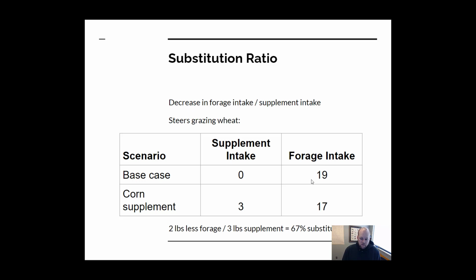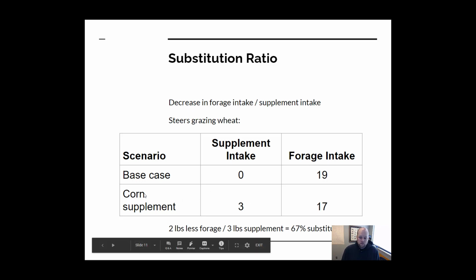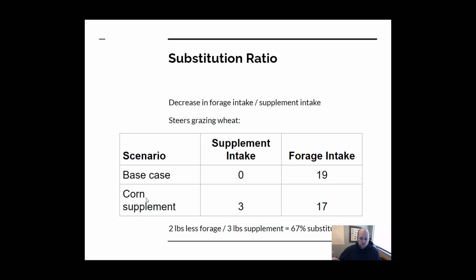If we implement supplementation with corn, let's say we feed 3 pounds of corn per head per day, then we might expect forage intake to go down to 17 pounds per day. So we fed 3 pounds of supplement, but they reduced their forage intake 2 pounds. If you calculate it out, 2 pounds less forage intake divided by 3 pounds of supplement is a 67% substitution ratio. So in this case, this corn supplement is partially substituting for the forage intake.